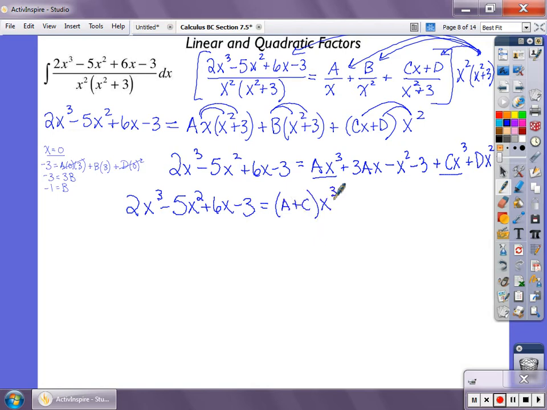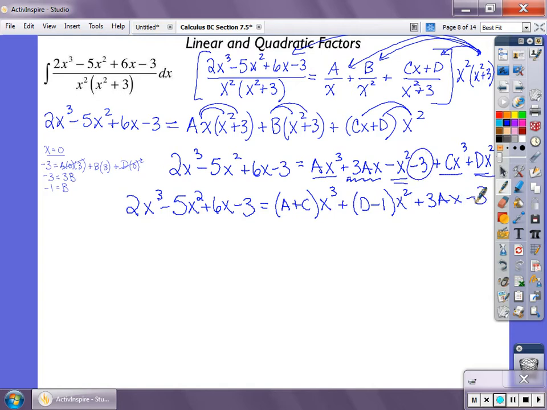We have quadratic here, quadratic there, so that's really plus d minus 1 times x squared. I just factored an x squared out of these two terms. Then we have a linear term right here, plus 3 times ax. And then we have our constant minus 3.